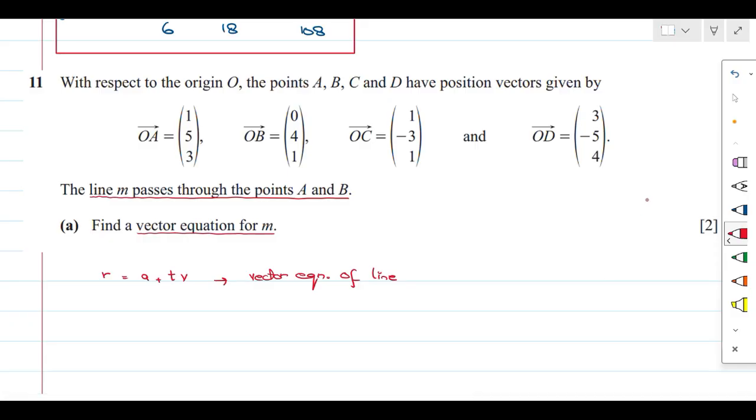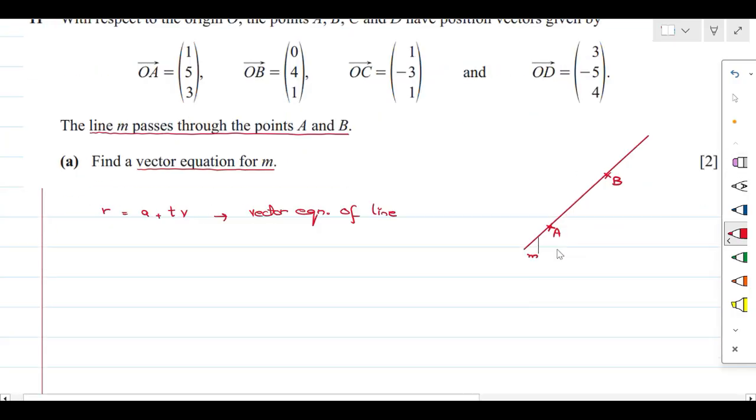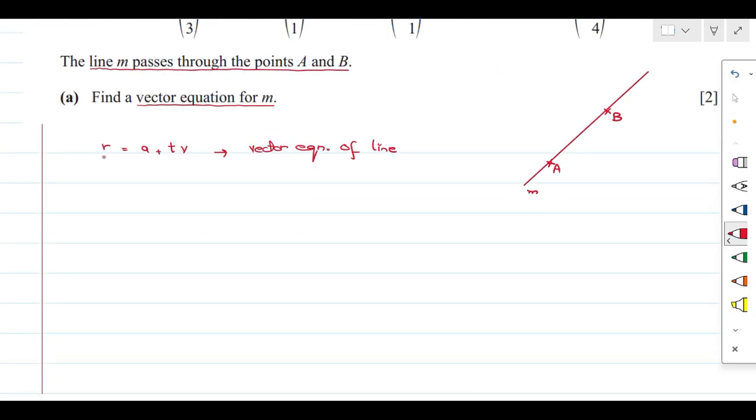So we need to figure out the vector equation of a line M which passes through the point A and the point B. So there is a point A and some point B, a line which passes through 2 points. We need to figure out the vector equation of that line. Okay, so the vector equation of a line has a formula r equals a plus tv, right?